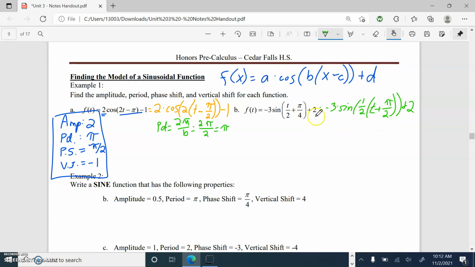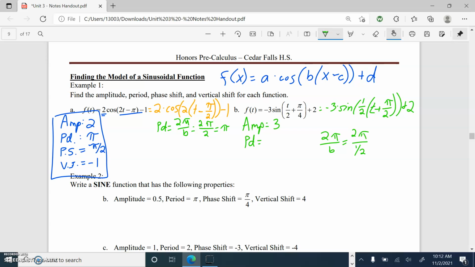So now that we have our standard form, we can evaluate. We can say our amplitude, now again, it's not negative 3. Our amplitude is always a positive value, the absolute value of the number out front. So 3. Our period, well, there's some work to be done there. 2 pi over b is 2 pi over 1/2.